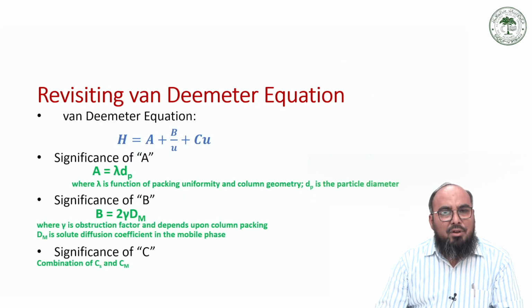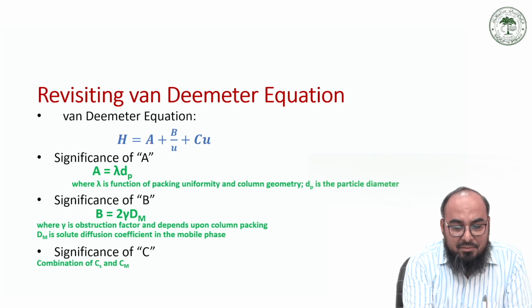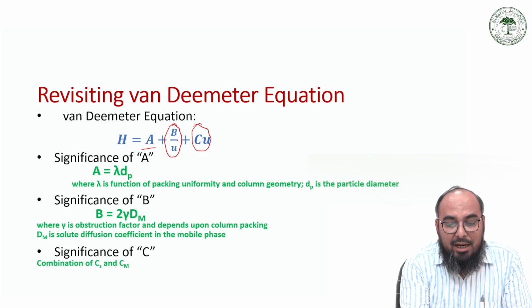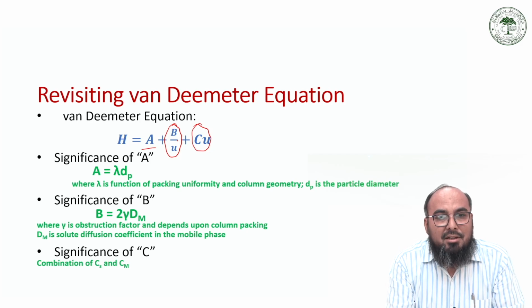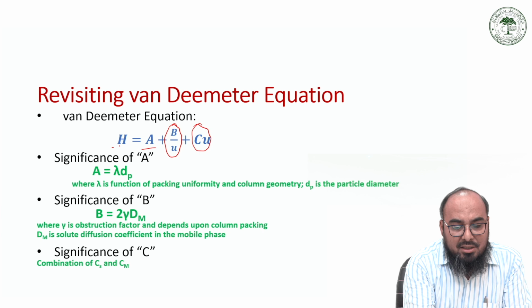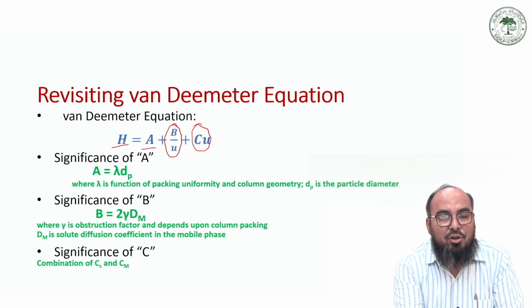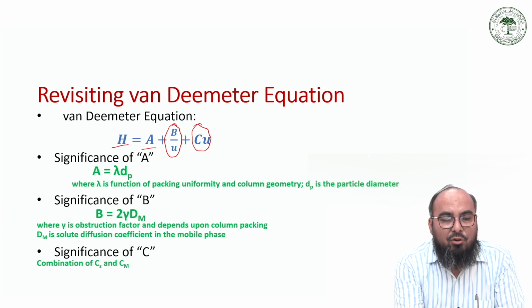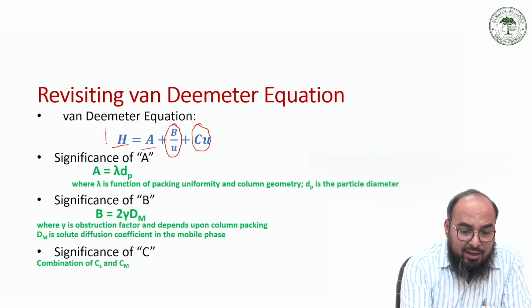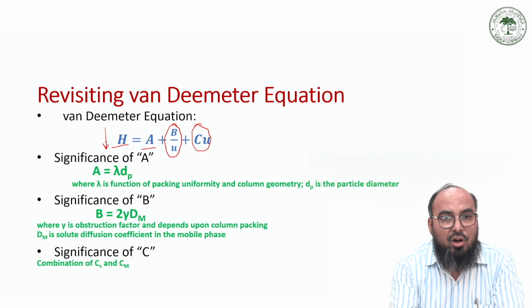Up till now we have analyzed these three terms, that is A, B upon U and Cu, and we have explored how these terms govern the H, that is the HETP, height equivalent to theoretical plates. For an efficient column, to have the best resolution, the value of H must be kept as small as possible.